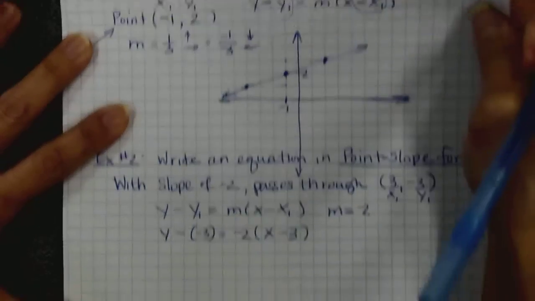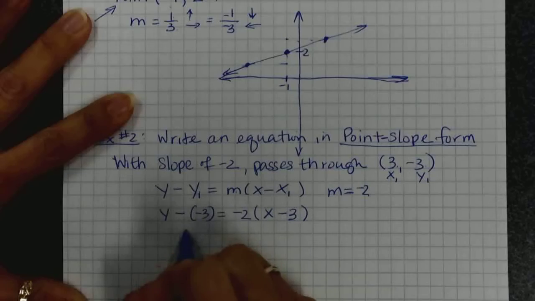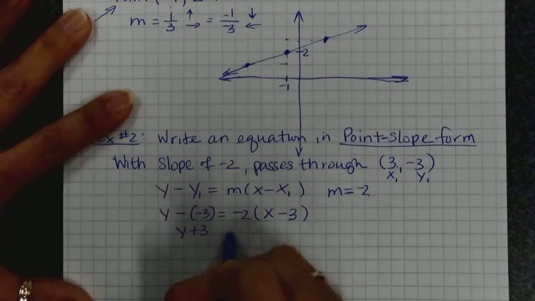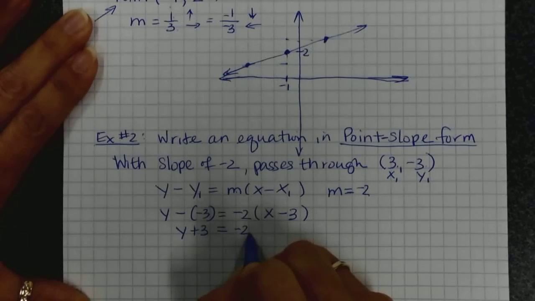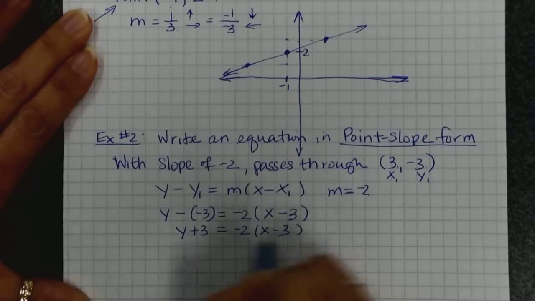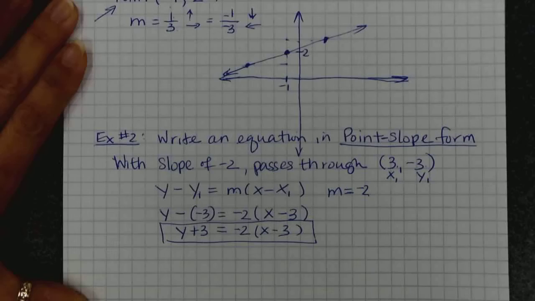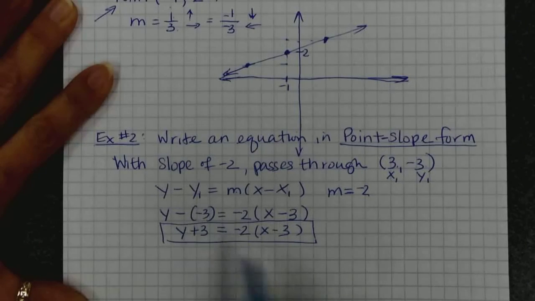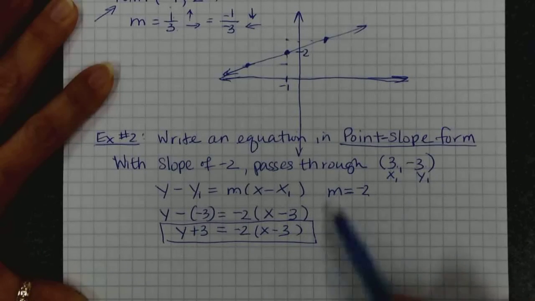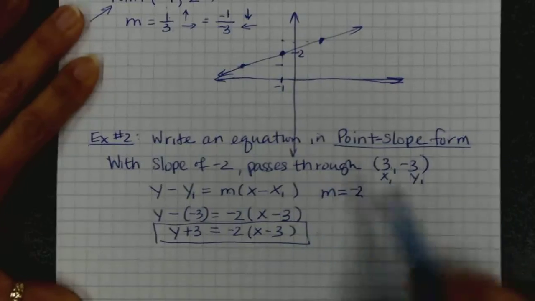And minus a negative makes it a plus 3, so this becomes y plus 3 is equal to negative 2 times the quantity x minus 3. And that is the equation of this line with the slope of negative 2 that goes through this point in point slope form.